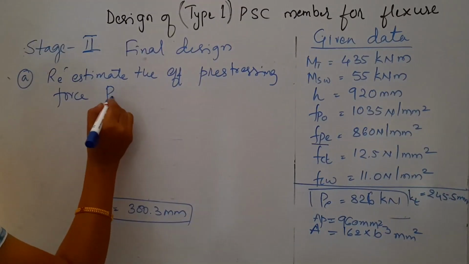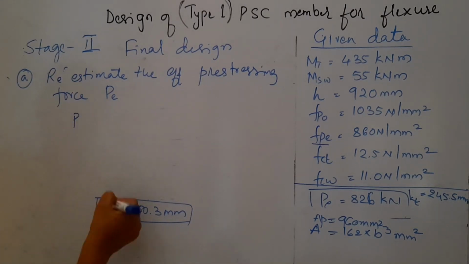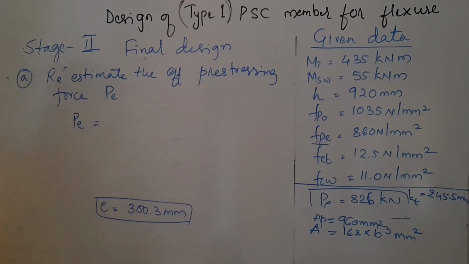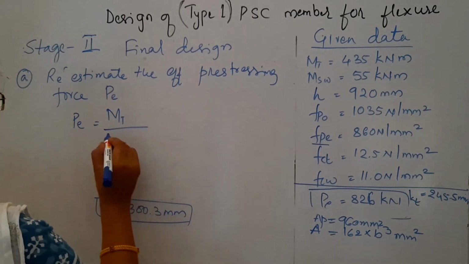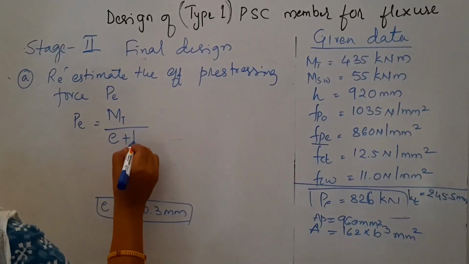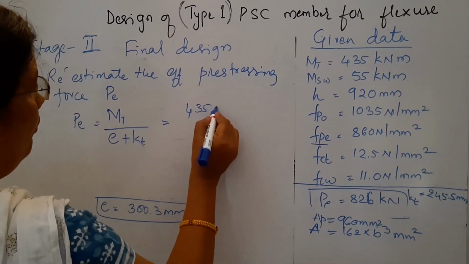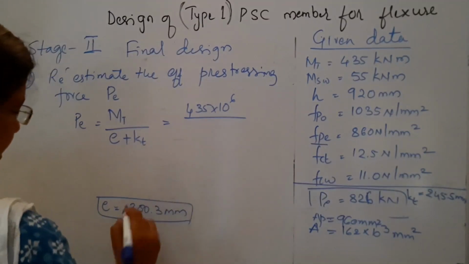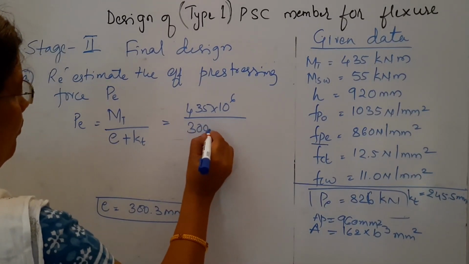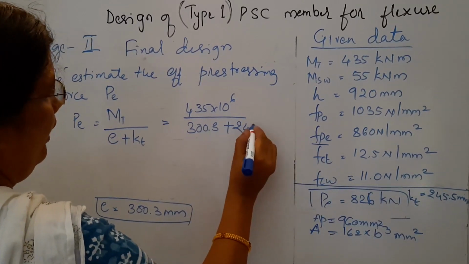Re-estimate the effective pre-stressing force. That is equal to PE. With the help of the same, as we have taken here, PE is equal to MT divided by calculated E plus Kern point. That is equal to 435 into 10 raised to 6, divided by E, which is 300.3, plus KT, which is 245.5.